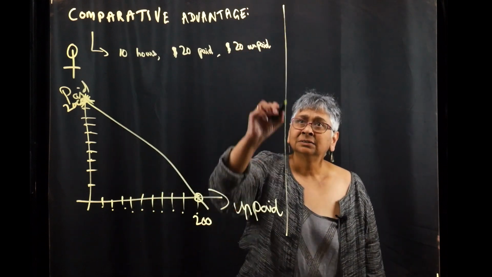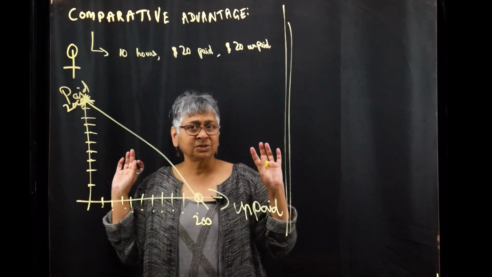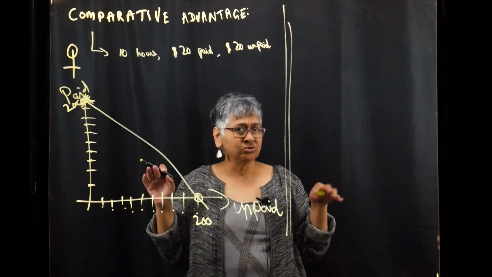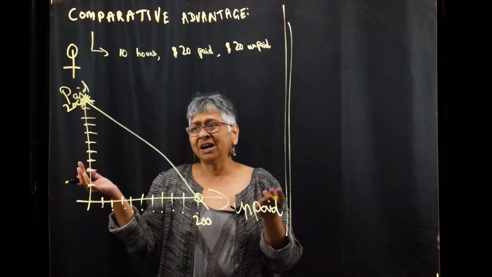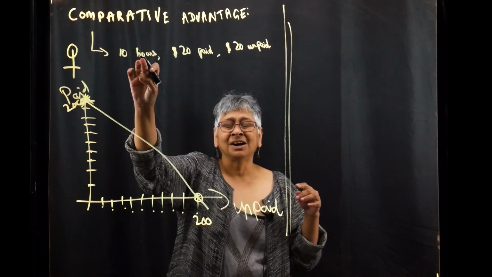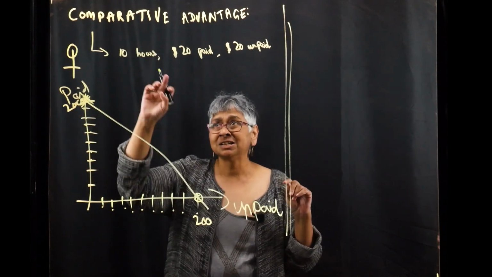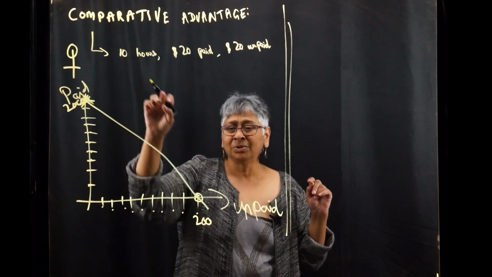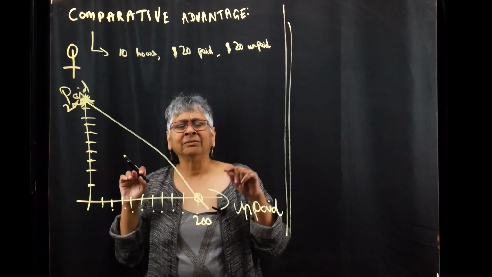Depending on her needs, if she was single and there was no family involved, she could just decide to divide between them 5 hours to 5 hours, 100:100. She could decide to do 15 hours paid labor, 5 hours unpaid labor, whatever.